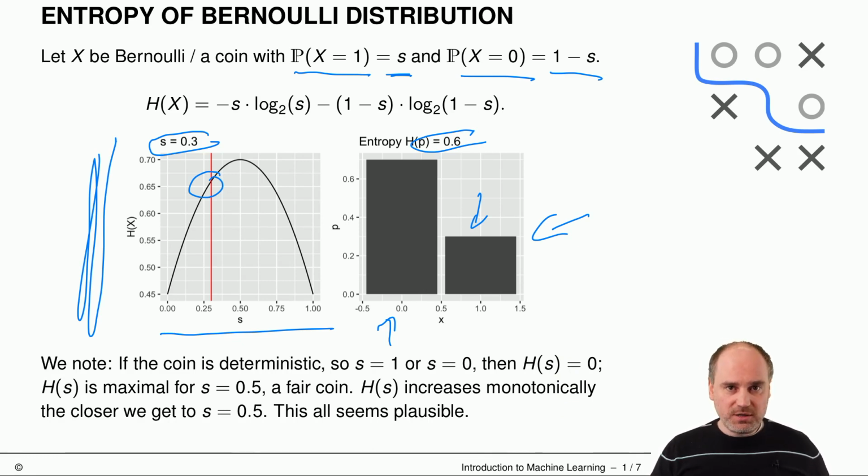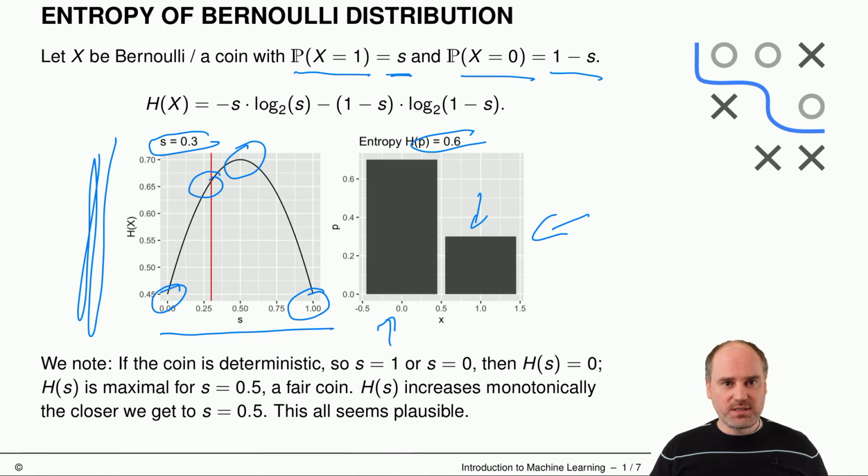Note that as we have discussed before, if we have a deterministic coin, so that would imply S equals 0 or S equals 1, then our entropy is of course 0. And also note that entropy is maximal for a fair coin, because a fair coin has a uniform distribution, so a distribution with 50% for 1 and 50% for 0.